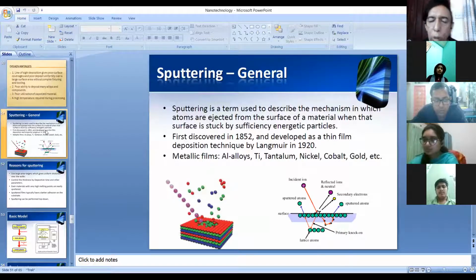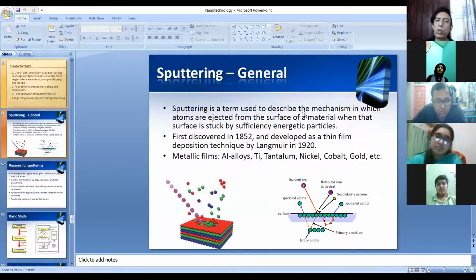We use another process that is called sputtering. What is sputtering? Sputtering is a term used to describe the mechanism in which atoms are ejected from the surface of a material when that surface is struck by sufficiently energetic particles.